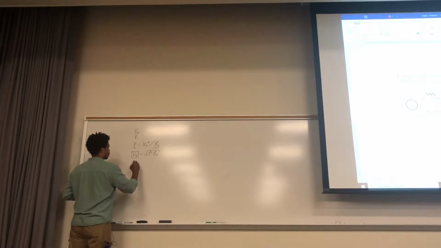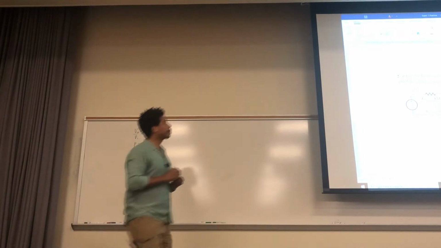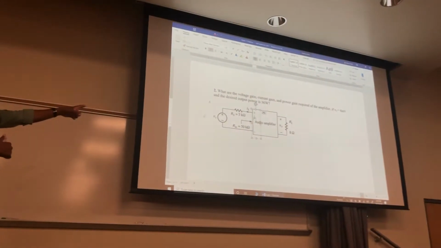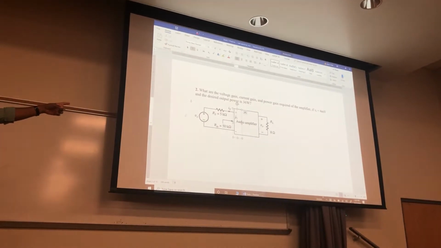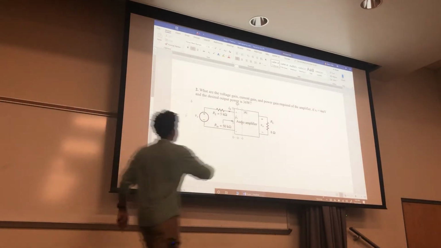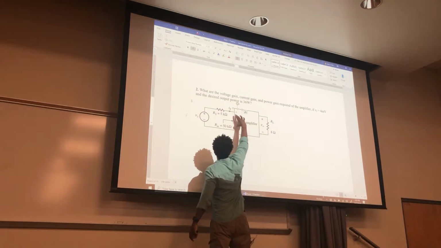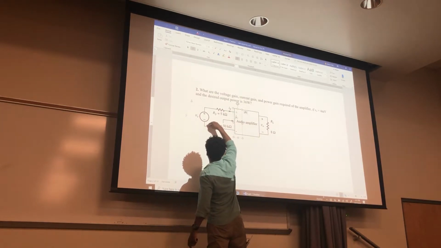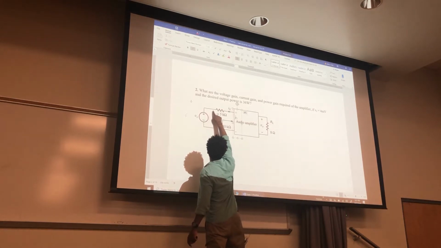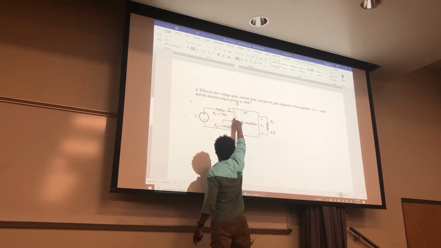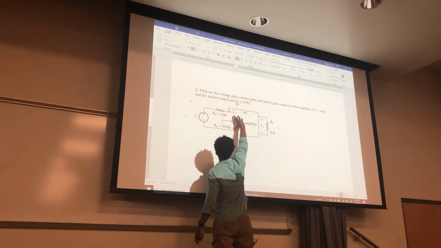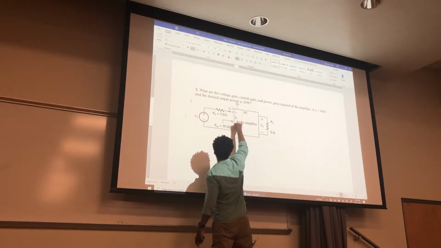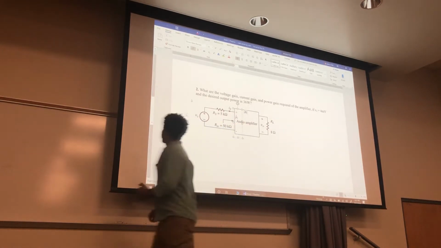For V in, we could do voltage division, right? So what's seen right here is 50 kiloohms. So if you think about it, it's like some current source, it goes down some voltage, and then goes down some voltage due to some resistance right here, and this loops back around.